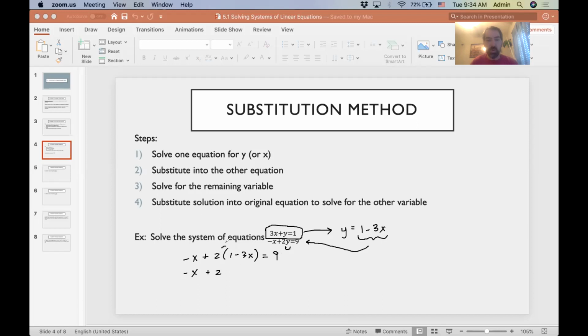Distribute this 2 throughout the parentheses as my first step. 2 times 1 is 2. 2 times negative 3x is negative 6x. Now combine like terms. Negative x minus 6x is negative 7x, plus 2.